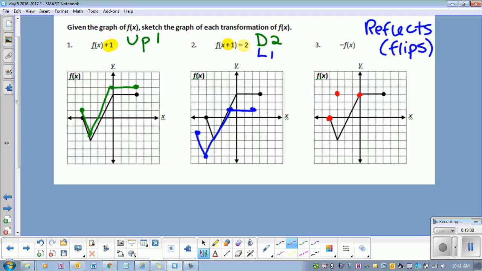Okay. So then this guy, the next point is 1, 2, 3 up. So now I have to go 1, 2, 3 down. And then this last point is 1, 2, 3 up. So I have to go 1, 2, 3 down.